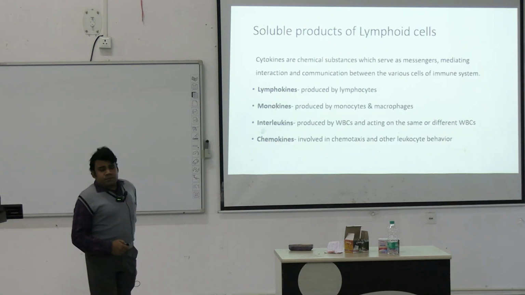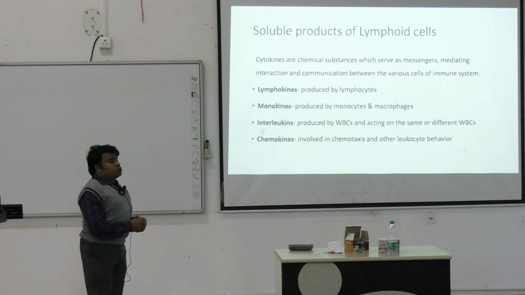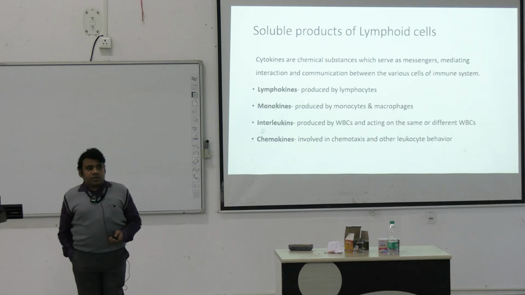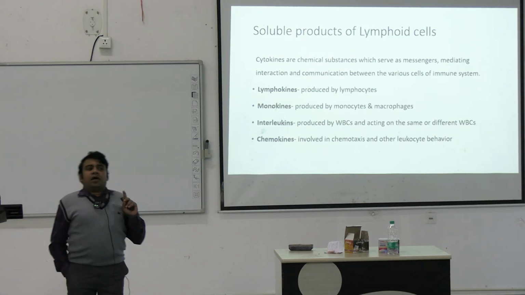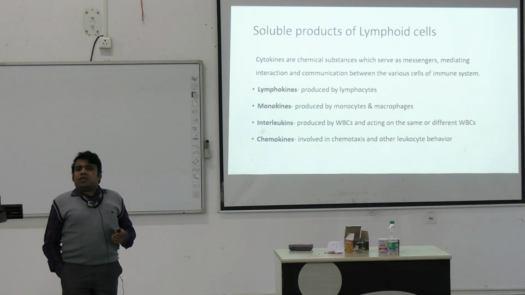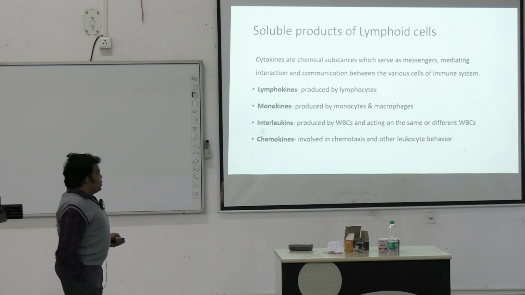The last part of the lecture is the soluble products of the lymphoid cells. Now, all these things are happening. There is a definitive communication between the cells in the gland, the cells in the tissues, and the cells in circulation.